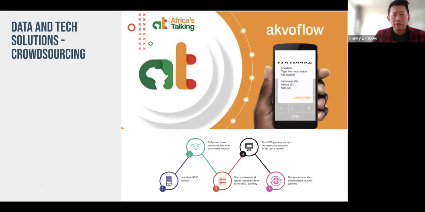So the communication platforms that we've been involved in include USSD. Many of you have probably heard of SMS texting, right? But USSD is a format of communication with your mobile phone, oftentimes used as an emergency alert.